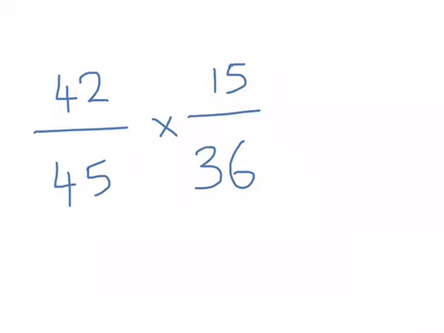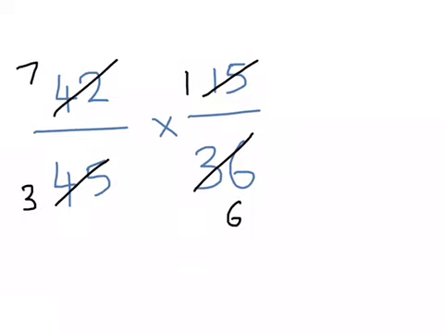I actually think it'll be a bit easier to simplify diagonally, but it's completely up to you. 15 and 45, I know that 5 goes into both of those numbers, so you could simplify with 5, but it'll be a bit easier if you simplify with a higher factor, which is actually 15. 15 goes into 15 once, and 15 goes into 45 3 times. Looking at 42 and 36, the highest common factor that I can think of at the moment would be 6. 6 goes into 36 6 times, and 6 goes into 42 7 times.